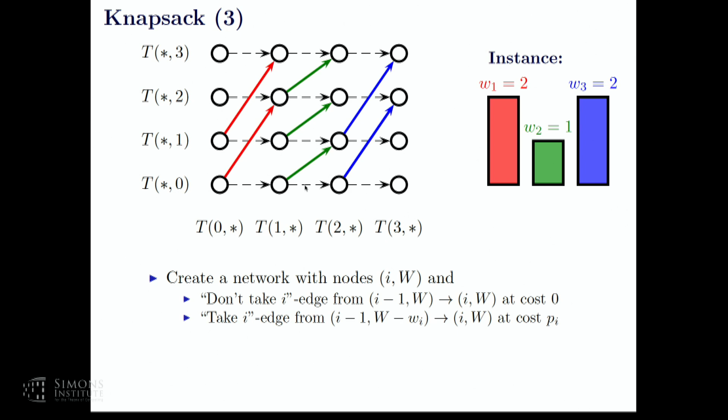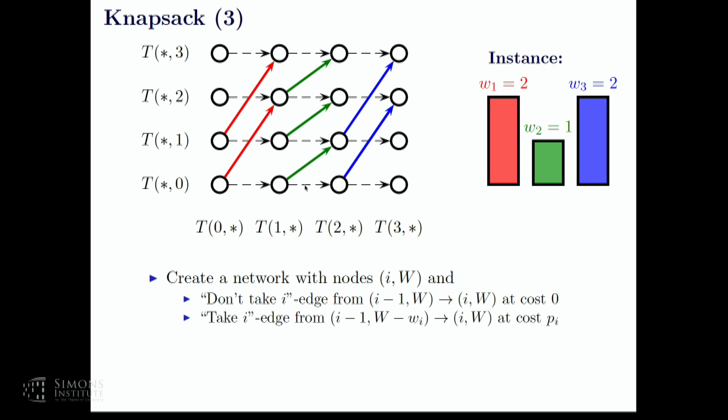We're also adding edges from state (I minus 1, w minus w_i) to the state (I, w), and these are the edges that correspond to the decision that I want to take the ith item. So I go from this state to this state, and I'm making some profit if I make this decision, and the profit is precisely the profit of the ith item.